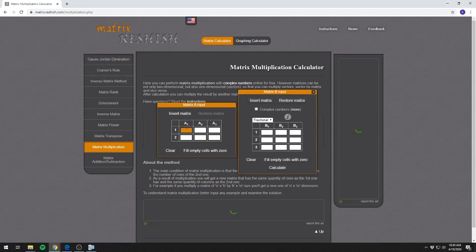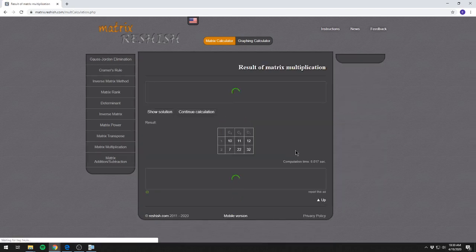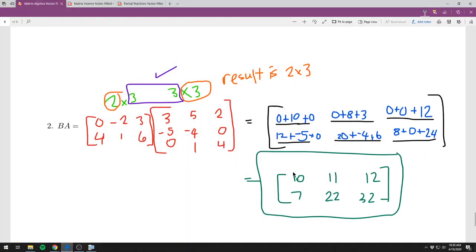So our one on the left was 0, negative 2, 3, 4, 1, and 6. And the one on the right was 3, 5, 2, negative 5, negative 4, 0, 0, 1, and 4. And if we calculate, we got 10, 11, 12, 7, 22, 32, which is exactly what we got.